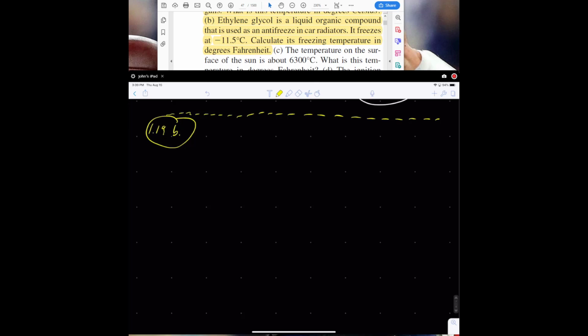So we need to use one of those earlier conversion formulas. So they're giving us the temperature of negative 11.5 degrees Celsius. And we need to go to degrees Fahrenheit.